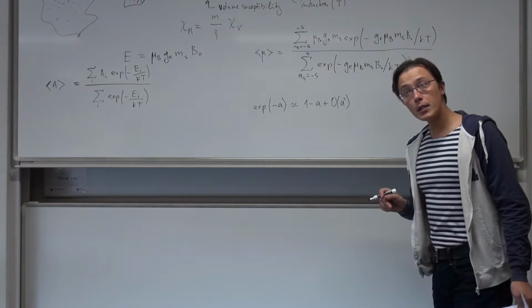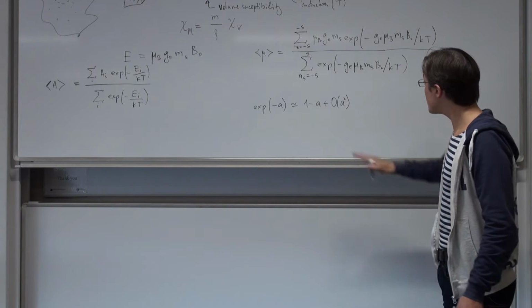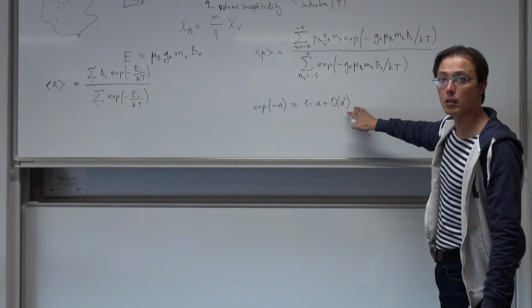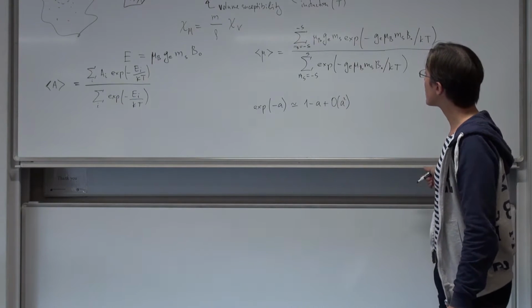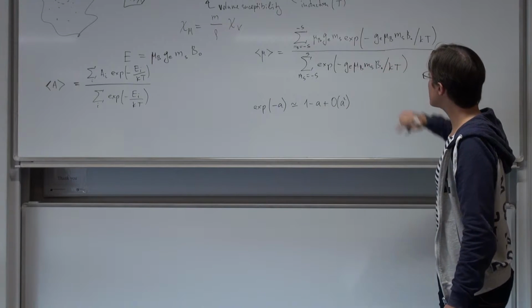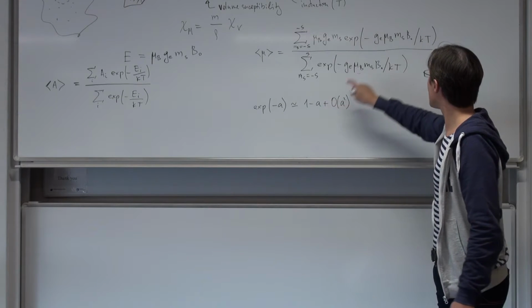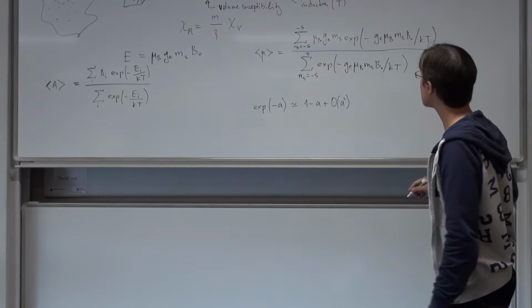And we assume that our interactions are so weak compared to kT that it is permissible to just ignore this second order correction, in which case these two get replaced by 1 minus what appears in the exponential.